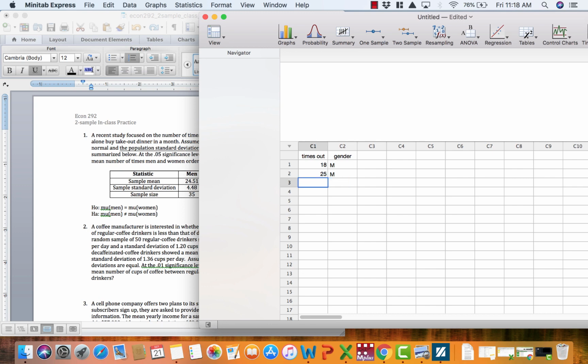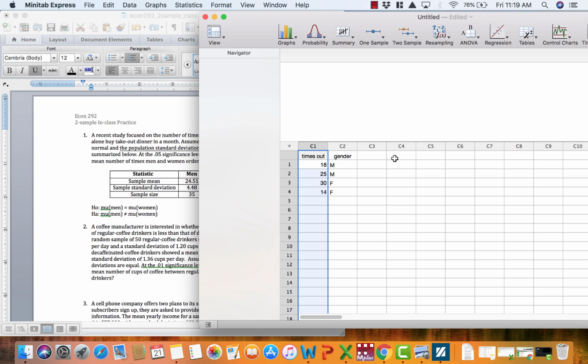And so you would have information like this, where all of your numerical or quantitative data is in one column, and then you would have a qualitative column denoting here gender. So that would be both samples are in one column. Here, both samples, being the times they eat out, are all in C1.